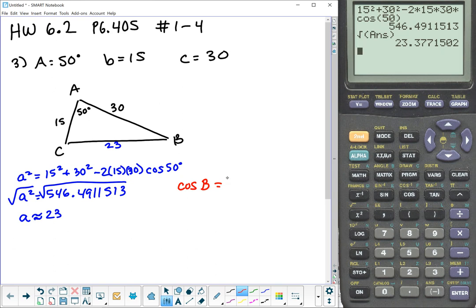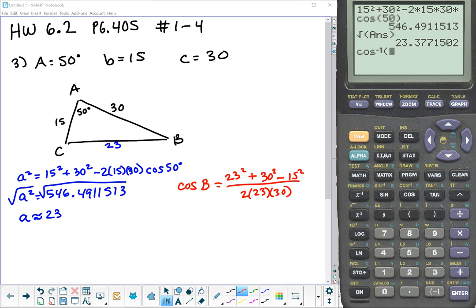So it's going to be A squared, which is now 23 squared, plus C squared, which is 30 squared, minus side B, which is 15 squared, over 2, and then use the 23 and the 30 again. We've had some practice, so I'm going to do this in one motion.